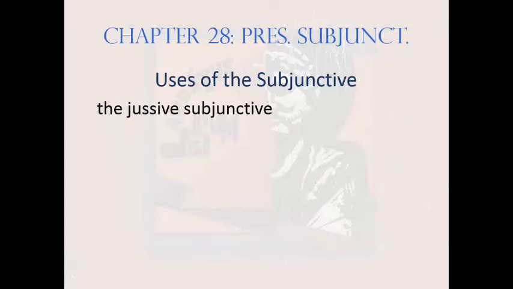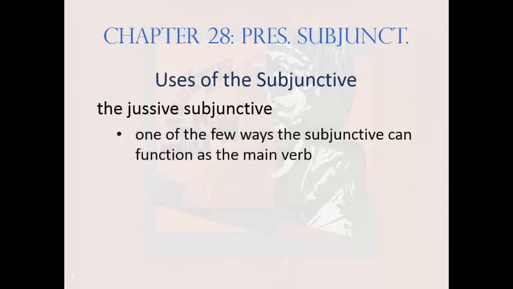Let's start with the only fully independent use of the subjunctive you're responsible for in this class, the Jussive subjunctive. One of the few ways this mood, remember the subjunctive is a mood, can function as the main verb of the sentence. Jussive means giving an order.